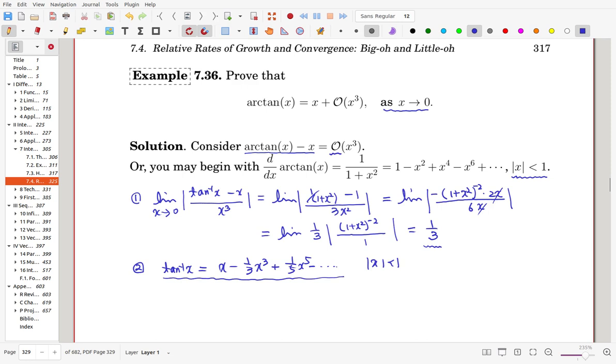So for the remainder portion, we can say that it is big O of x cubed, right?